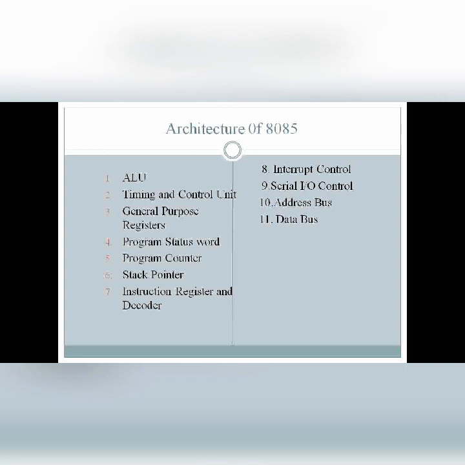Now see here the programming model, you can see here the total architecture parts are given, that is the ALU, the timing and control unit, general purpose register, program status word, program control, stack pointer, instruction register and decoder, interrupt control, serial IO control, address bus, data bus.